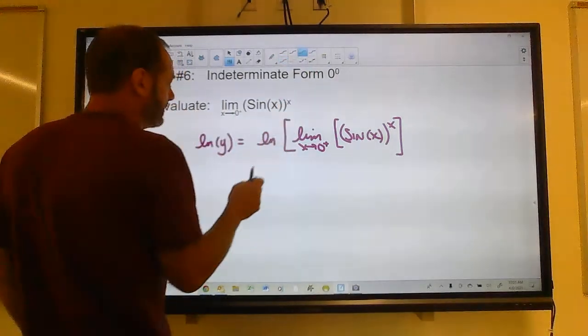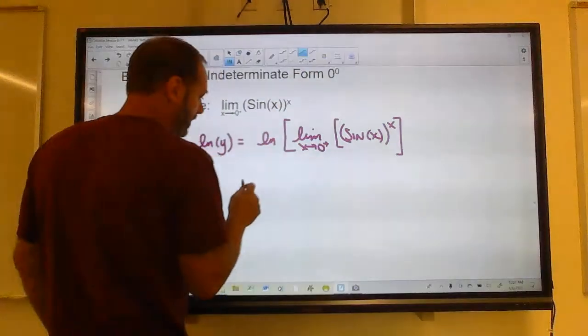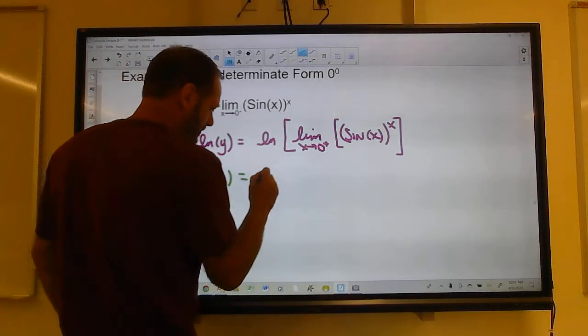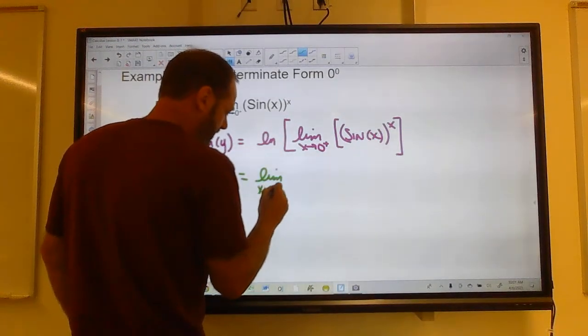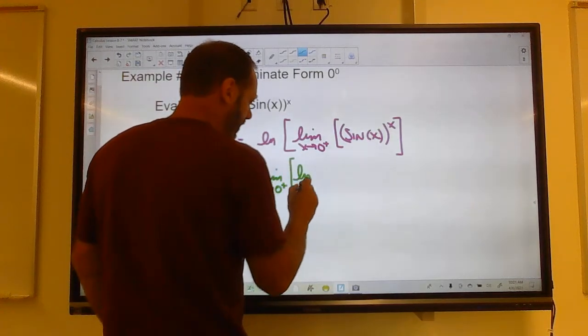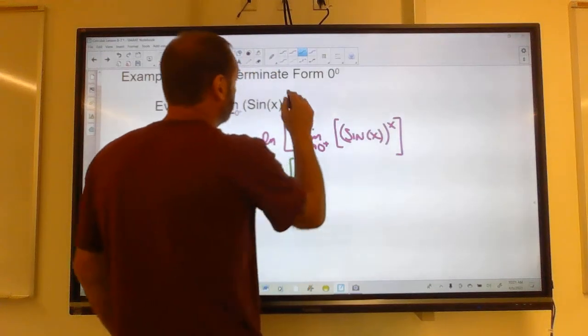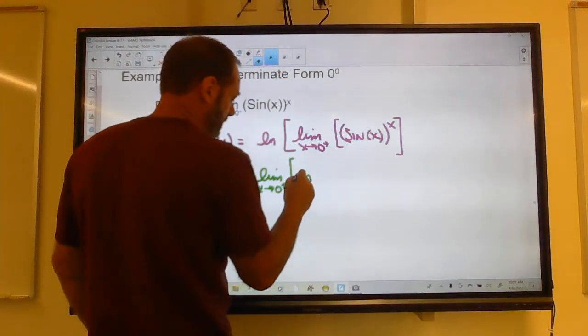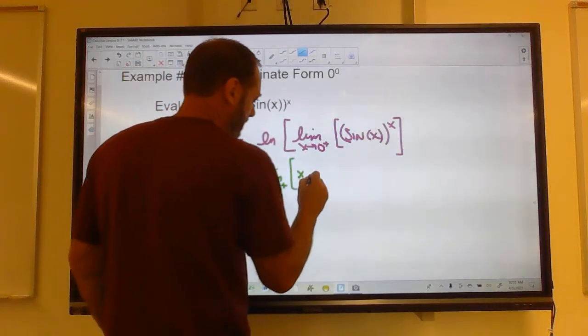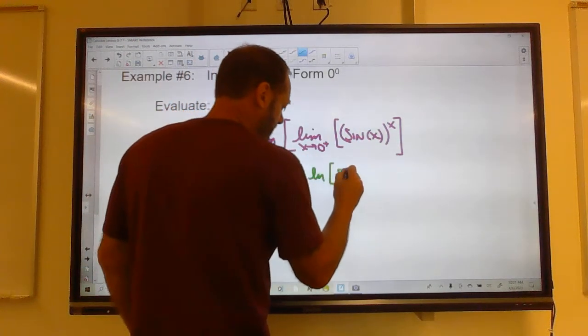And then the next thing I'm going to do is move the natural log inside the limit. So this is the limit as x goes to 0 from the positive side of the natural log. The reason I'm doing this is so I can put the x down here, x natural log of sine x.